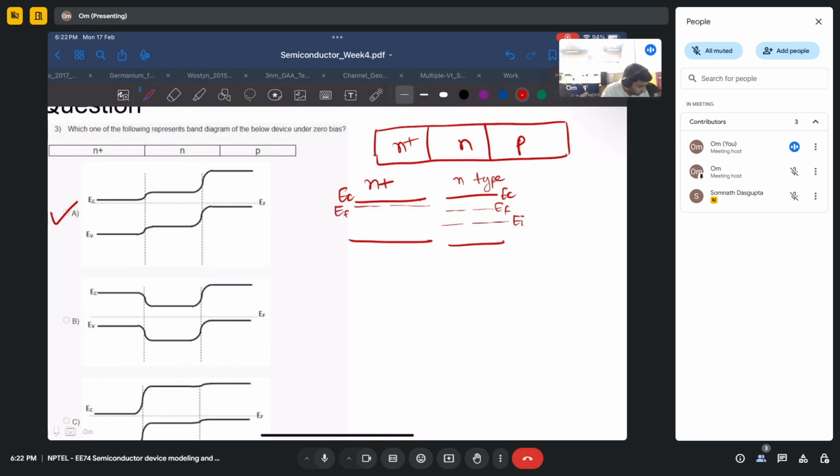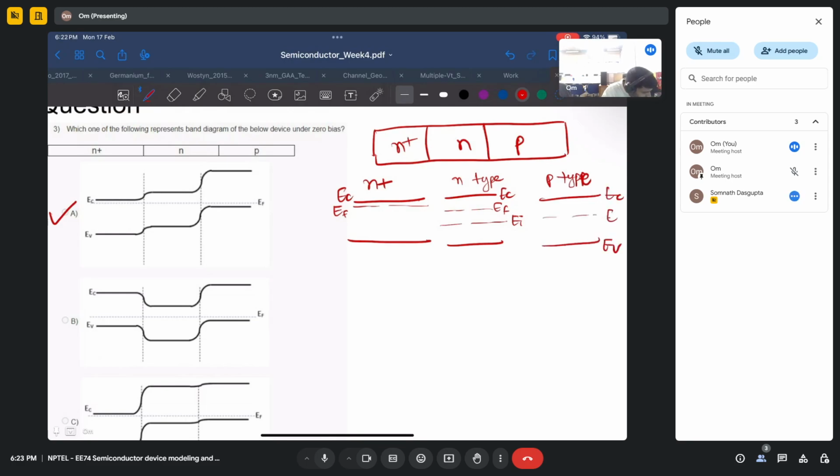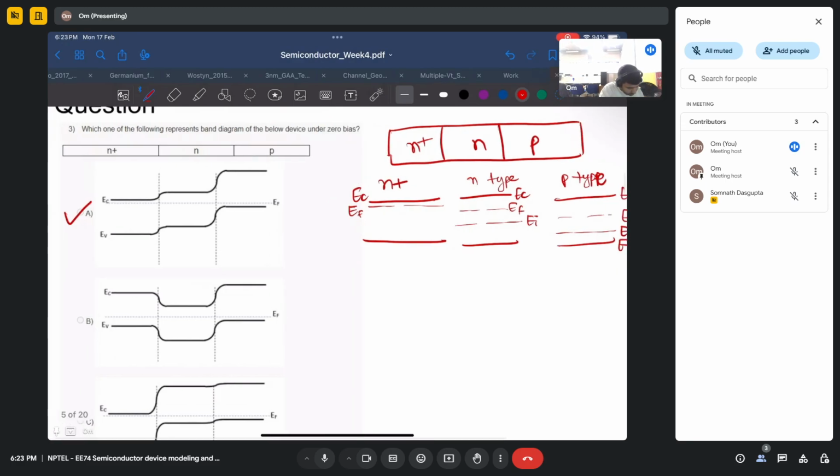Please feel free to stop me wherever you feel you don't understand. P-type. In P-type, what do we have? EC, EV, EI. In P-type, the Fermi level is between EI and EV, somewhere here, right? So if you see all these cases, this is EF, right?